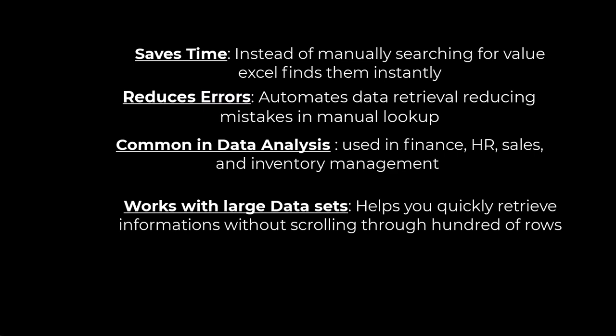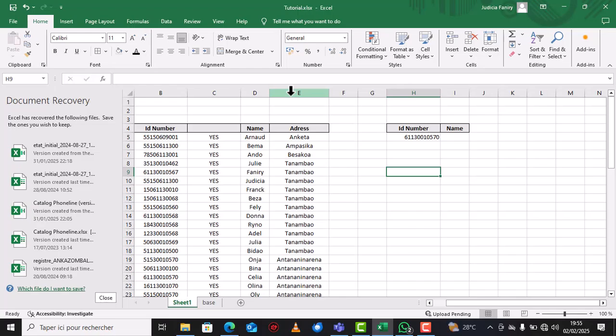Now, let's see how we can apply this function with a real example. As I explained, the VLOOKUP function helps you look up a value automatically instead of scrolling through.